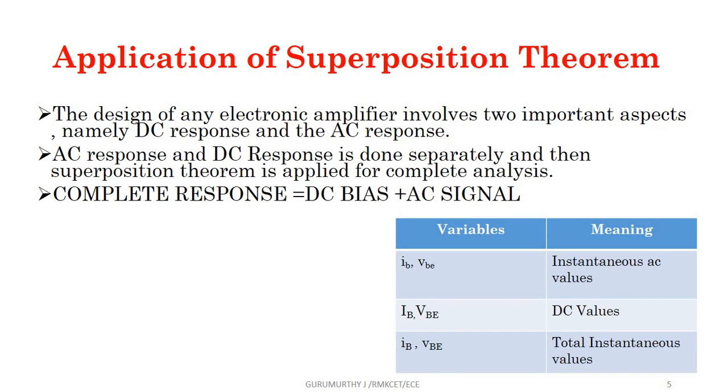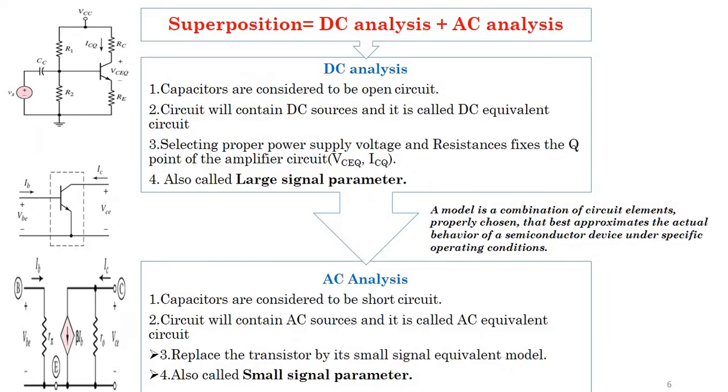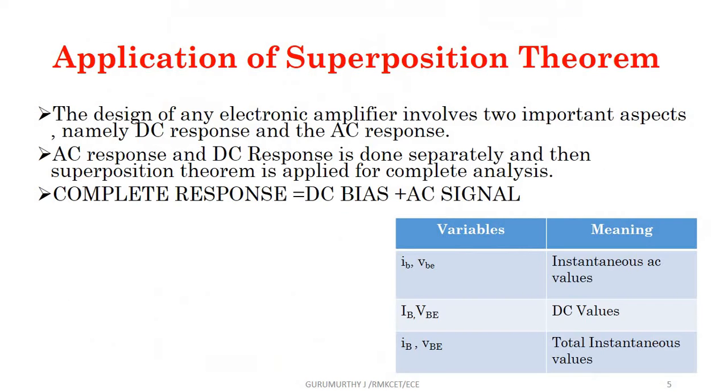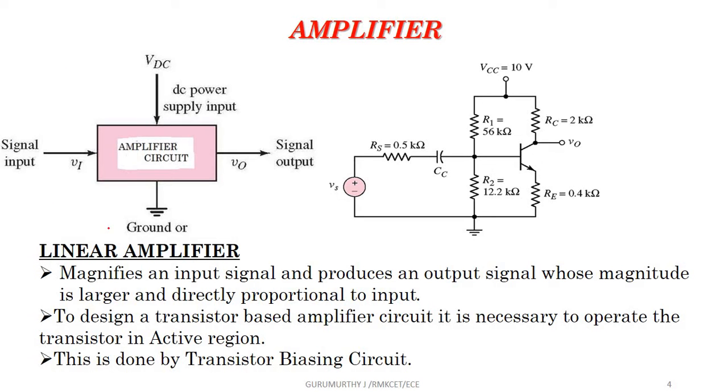Then what is an amplifier? An amplifier is nothing but a circuit which magnifies an input signal and produces an output signal whose magnitude is larger and directly proportional to the input.